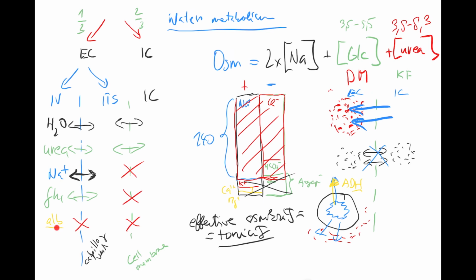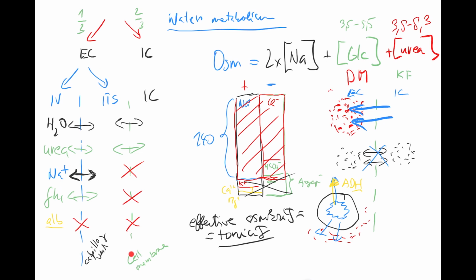It's always about the features of the substance or particle and the features of the membrane. These are not tonically active if we talk about the capillary membrane, but they're tonically active if we talk about the cell membrane.